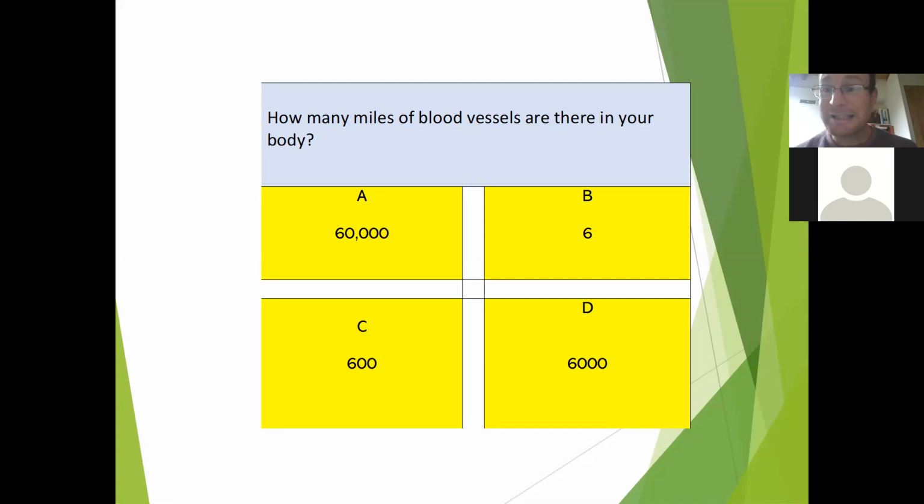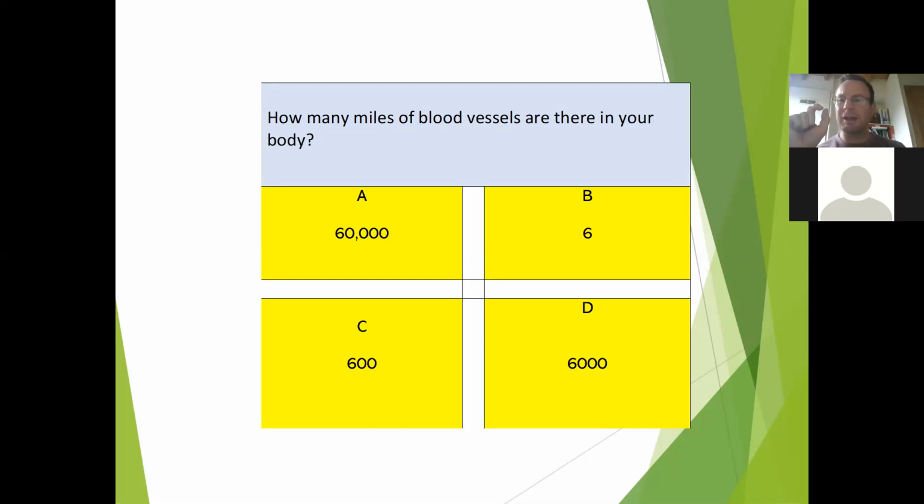So the actual answer is 60,000 miles. So I think the takeaway message from this is to know how vascular your body is, how many blood vessels there are circulating or that make up your body. It's interesting.